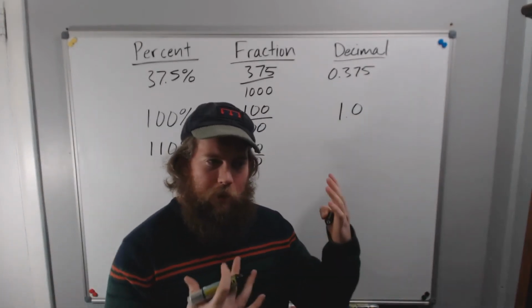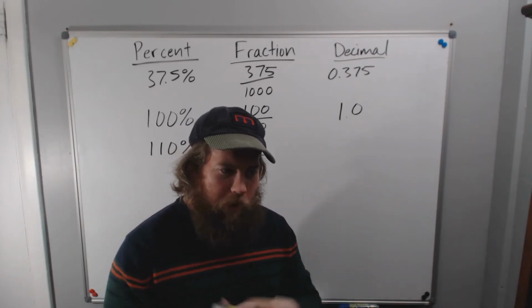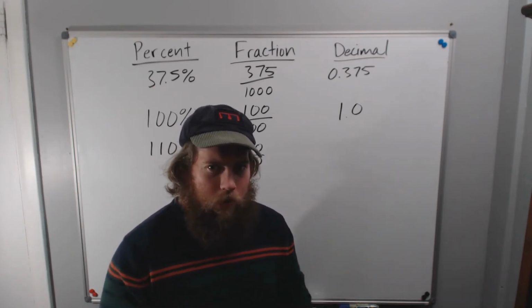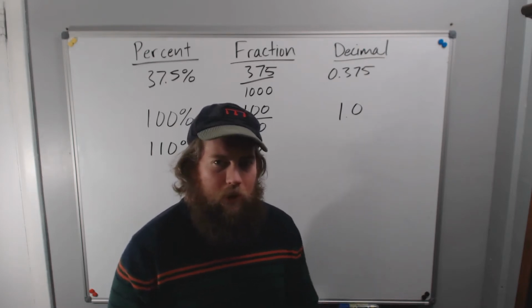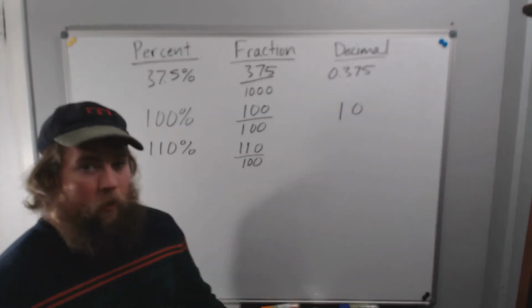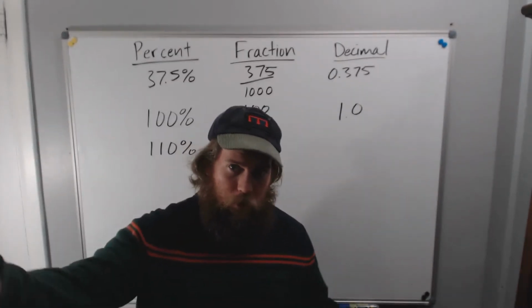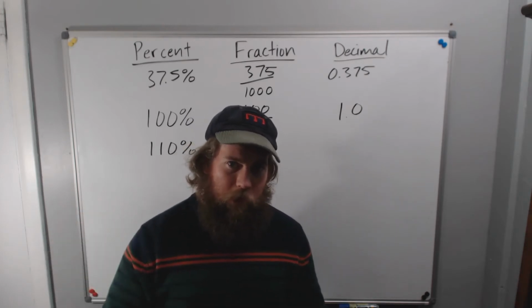Now remember, percentages, just like fractions, are a part-to-whole relationship. The whole is 100%, so 100% of anything is all of it. If you're bigger than 100%, then you have more than the whole, just like with an improper fraction, where the numerator is bigger than the denominator.